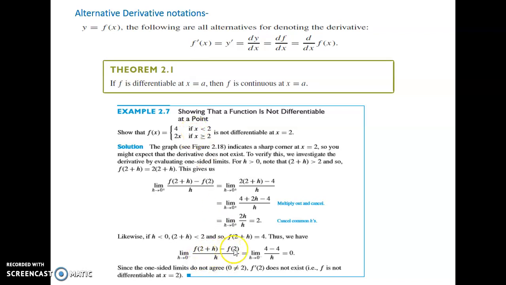So f of 2 plus h minus f of 2, by h. f of 2 plus h is 4, and f of 2 is 4, divided by h. So 0 by h is 0. So the limit is 0. The right limit is 2 and the left limit is 0. Both limits exist, but they are not equal. Therefore, f prime 2 does not exist. That means f is not differentiable at x equal to 2.